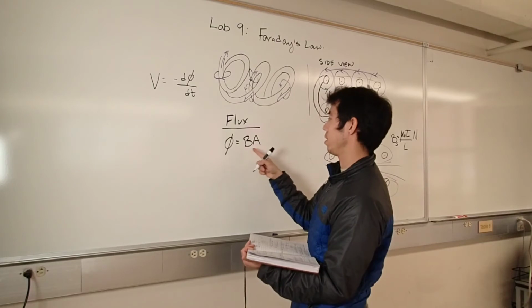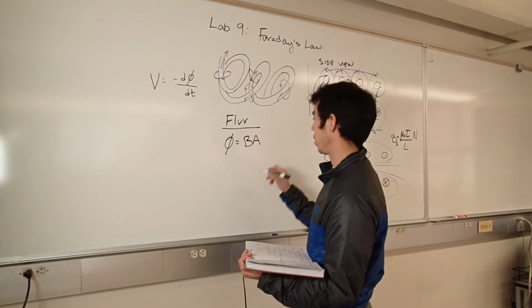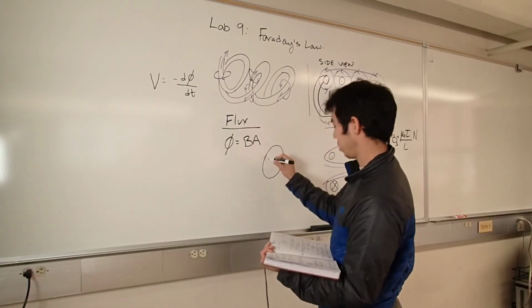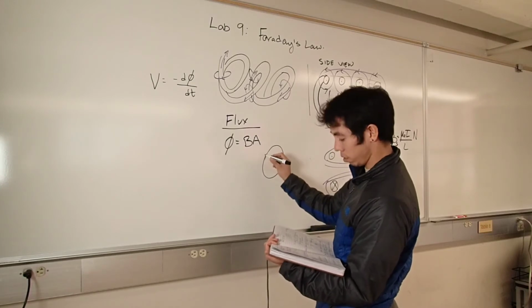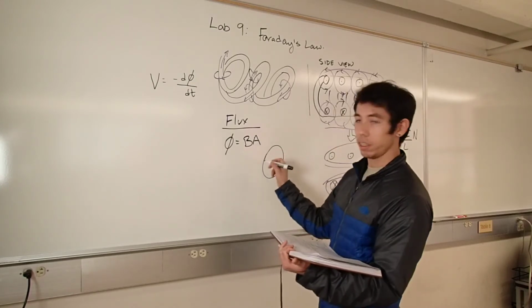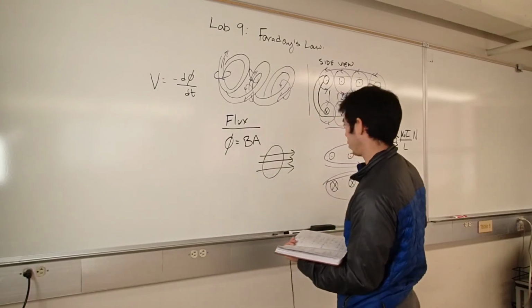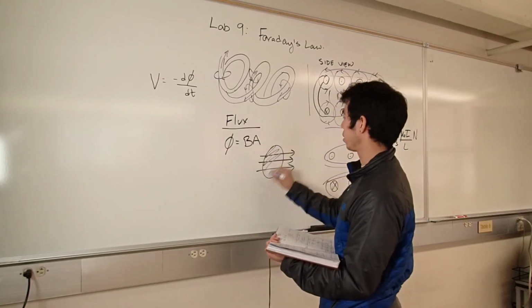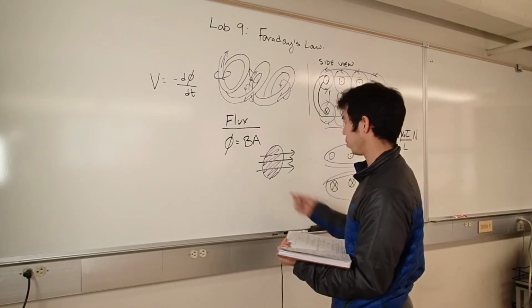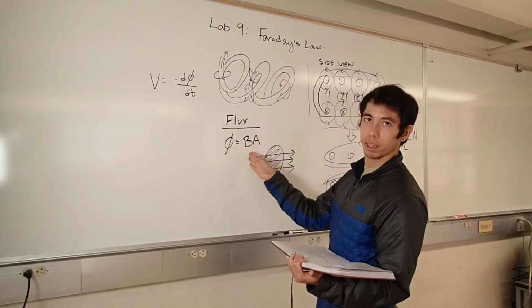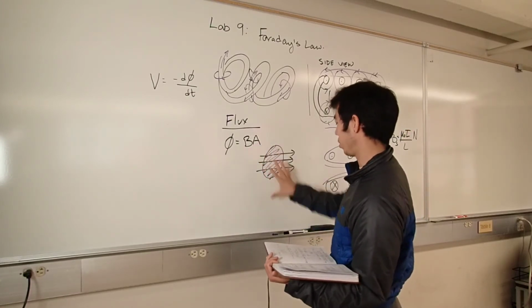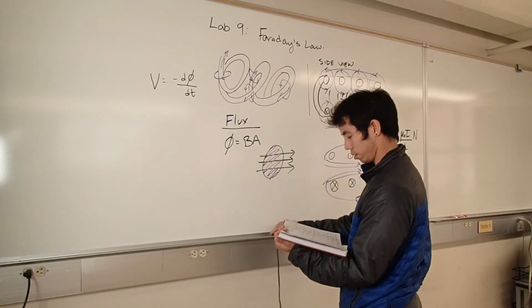Flux describes the integral, or the total, of the field density passing through some given area. It's B times A. A stronger magnetic field means stronger flux. A larger area means larger flux.